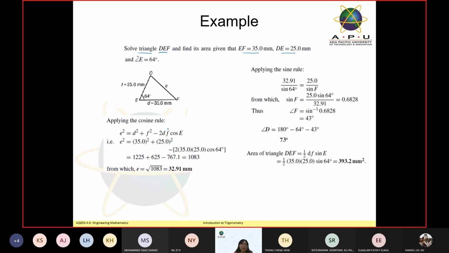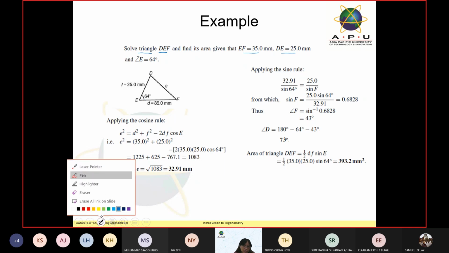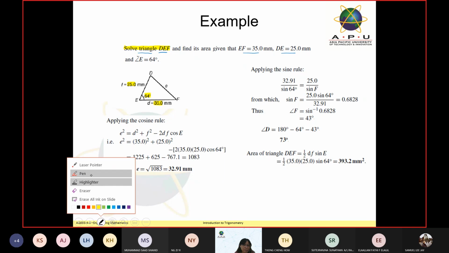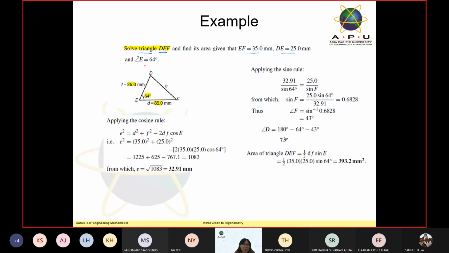So we draw the triangle. This is the angle and these are the two sides. Now you need to solve the triangle. Can you remember what I mentioned about solving the triangle?